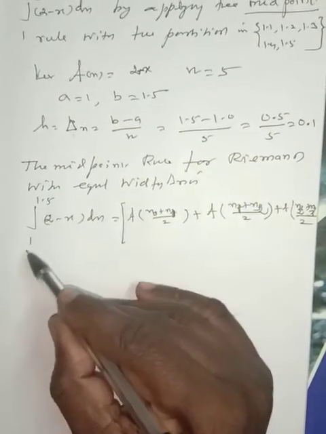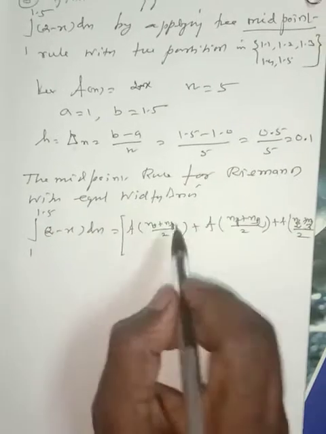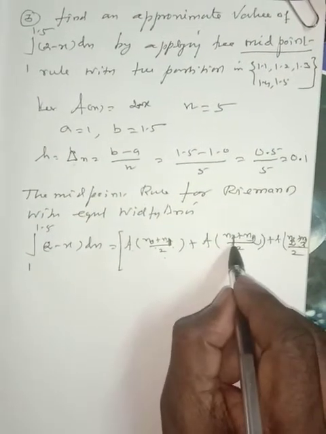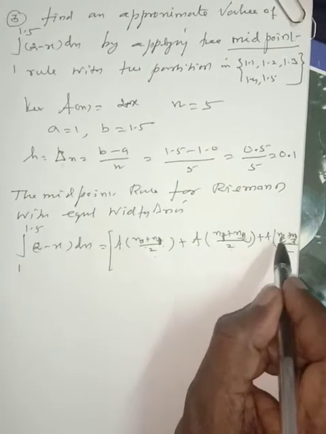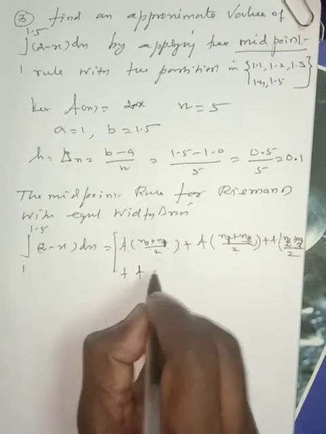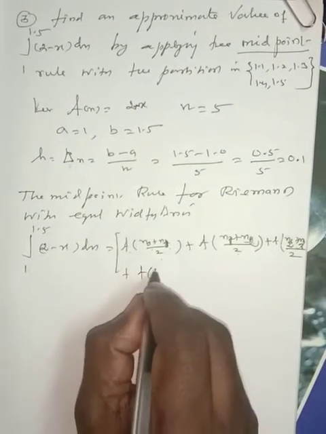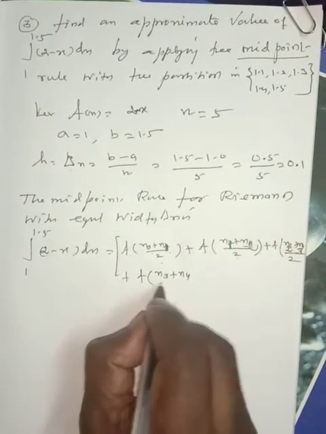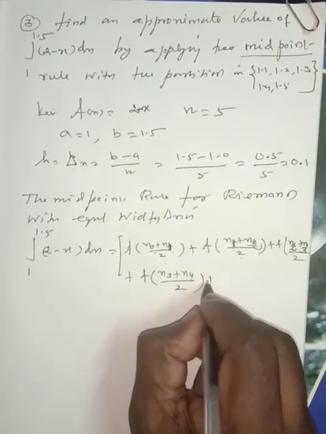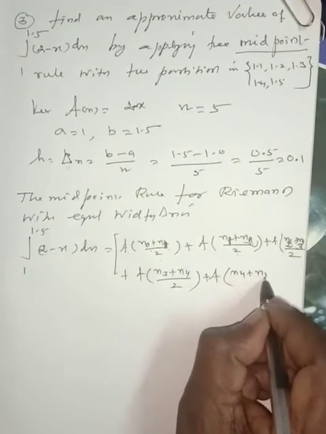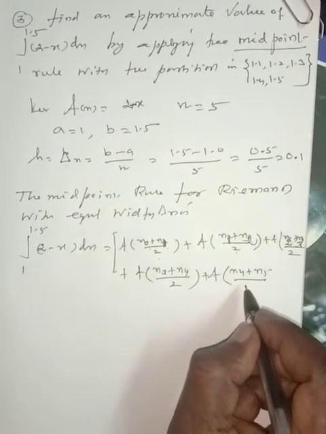Lower limit is x0, upper limit is x1. Therefore f of x0 plus x1 by 2, plus f of x1 plus x2 by 2, plus f of x2 plus x3 by 2, plus f of x3 plus x4 by 2, plus f of x4 plus x5 divided by 2.